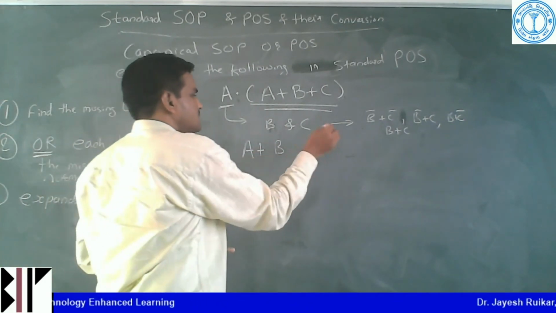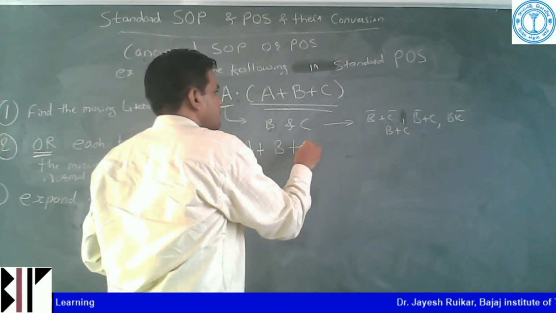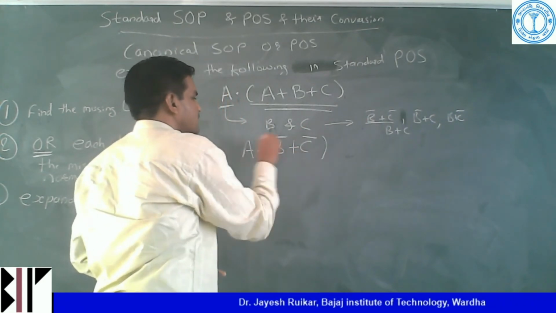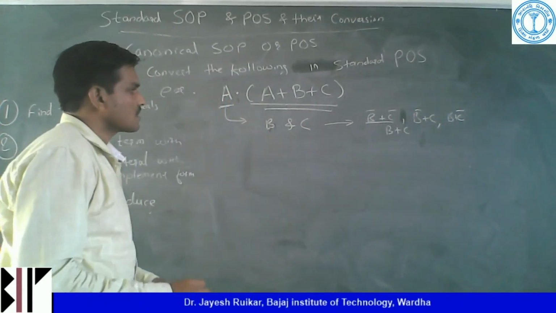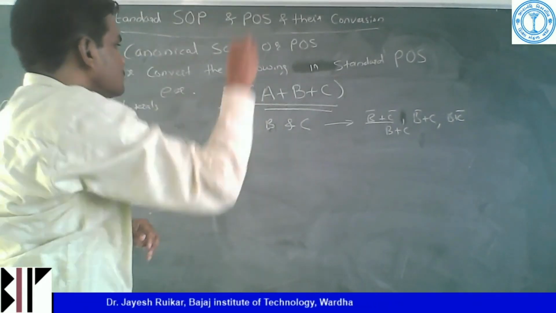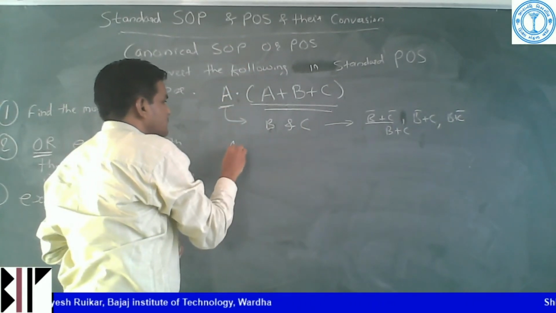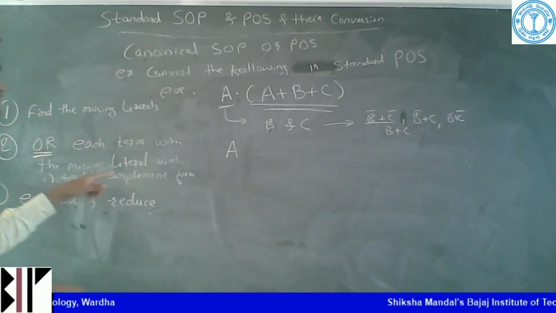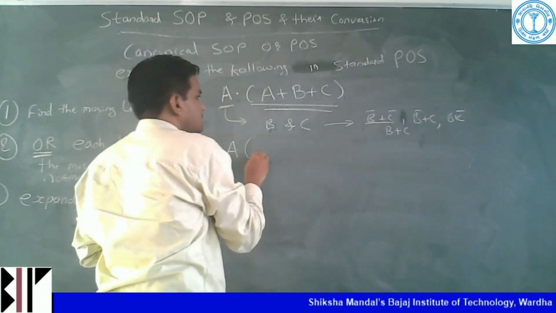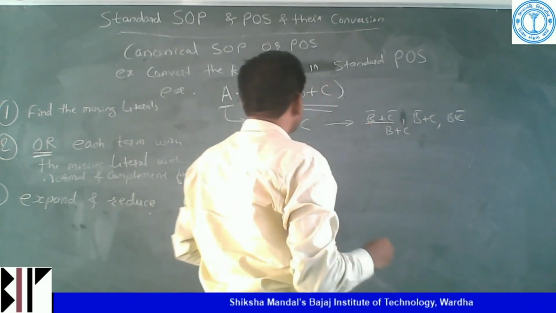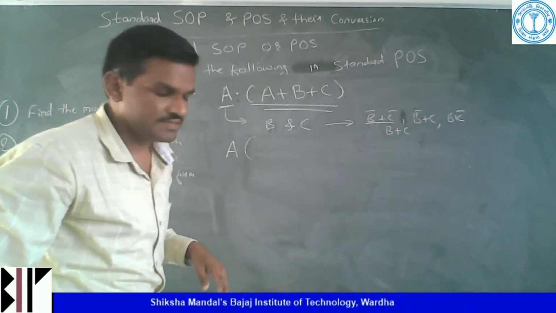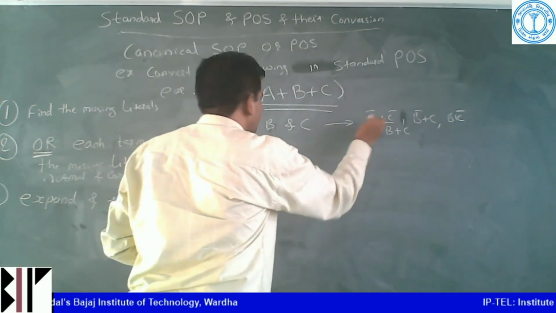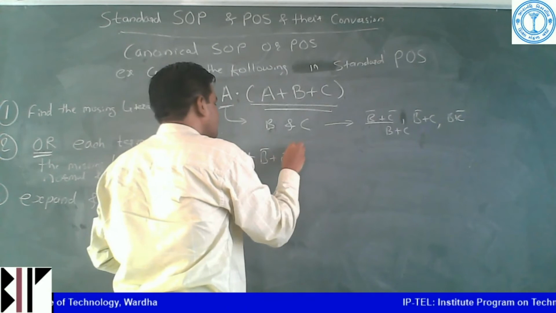Okay, so first I am adding to the term A bar plus B bar plus C bar. Now with this A term I have to add each term with the missing literals with its normal or complementary form. With this term, as I made, four combinations are there. So A plus B bar plus C bar.